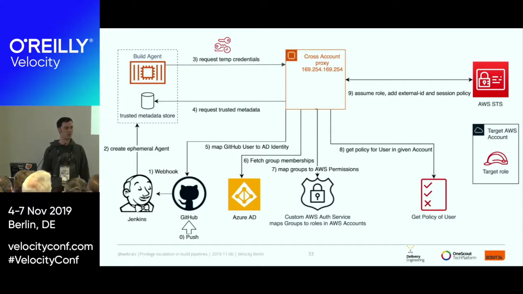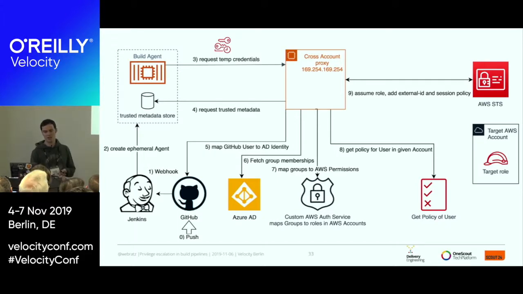So even if the role allows admin access, but the session policy only allows for S3 upload, I can only do S3 upload. I can do nothing else, although the target role gives me way more permissions. So with that, I have no way to ever go beyond the permission that were granted to me as a person.